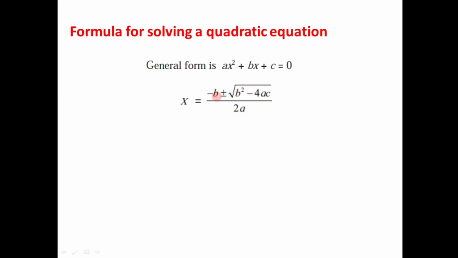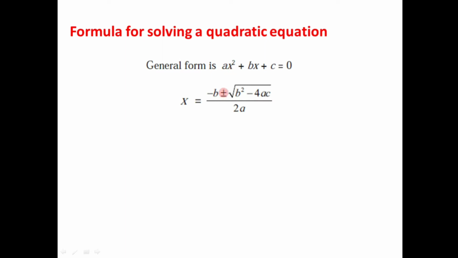So as we can observe here, a, b and c which are there in the given quadratic equation, we have to substitute these values a, b and c in this formula to get the value of x, and which is the solution of the given quadratic equation. Now in this formula, we can observe that minus b plus or minus signs are given over here. So as it is a quadratic equation, it must have two solutions.